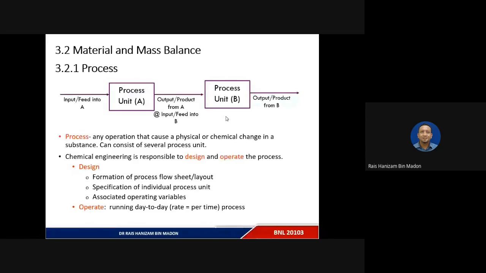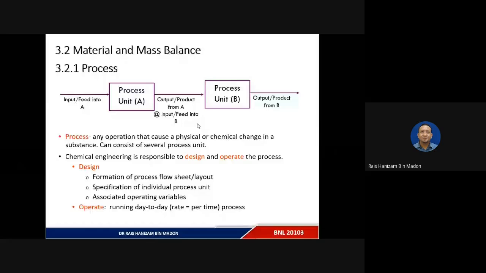Okay, guys. Let's go through an example regarding your coffee maker, hot coffee. As I told you earlier, for your hot coffee you need a cup, hot water, coffee powder, and sugar. So the material itself is the sugar, coffee powder, and hot water.